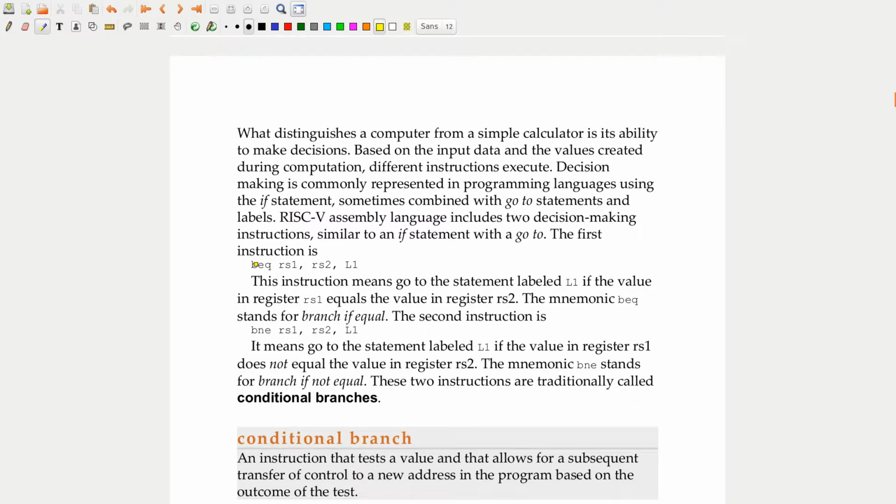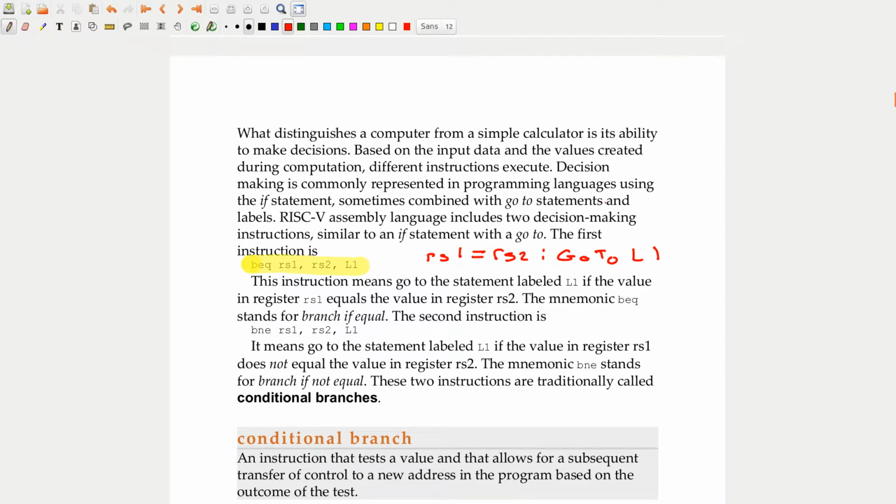So the first instruction that we can look at that is part of these decision-making instructions is BEQ, which stands for branch if equal. All this is saying is that if RS1 is equal to RS2, then we go to whatever L1 points to.